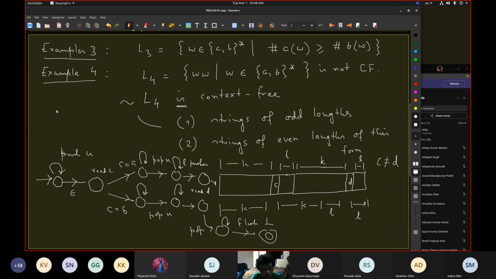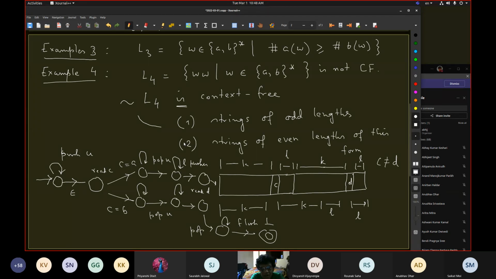So initially, it makes a non-deterministic choice whether it is going to process a string of type 1 or a string of type 2. If it makes a mistake, don't worry. The other thing will be correct.